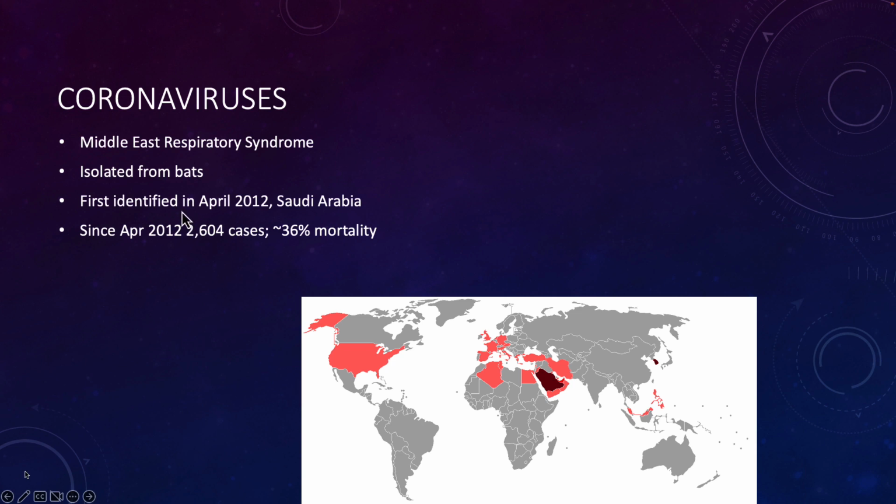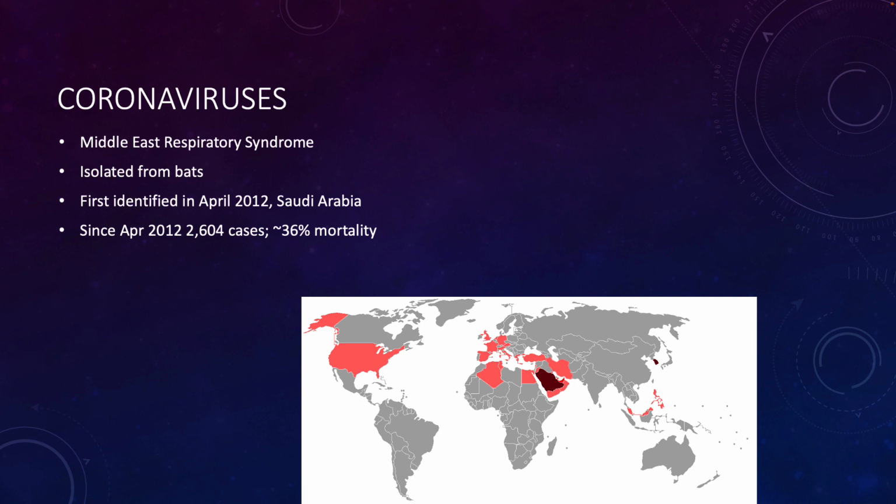Since April of 2012, there have been just over 2,600 cases. But what's really interesting about this particular coronavirus is that it has a mortality rate of like 36%. So this is even more deadly than SARS. And SARS already freaked us out because it had a 10% mortality rate.